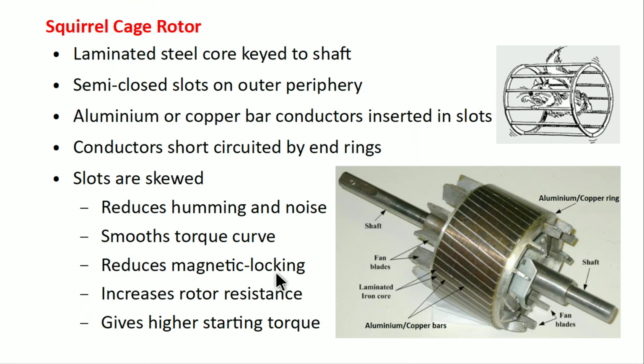And now let us come to the rotor. The first type of rotor is the squirrel cage rotor. In this case of rotor, the core is made of steel laminations. This is the core of the motor. In this case, slots are cut near the outer periphery, whereas in the stator core the slots are cut on the inner periphery.